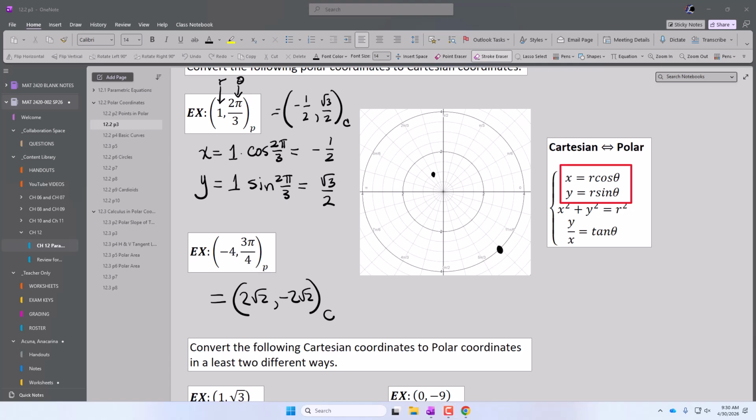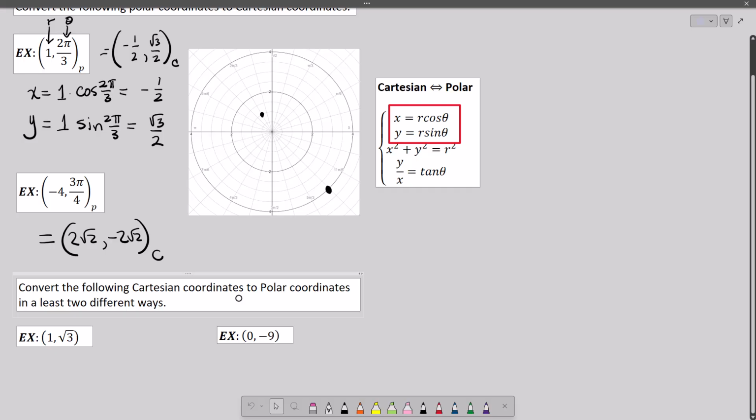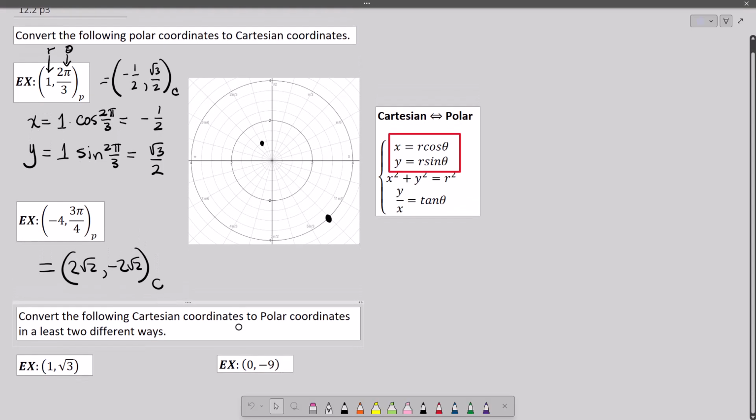So the last thing we did was talk about converting, and I want to at least revisit this one here because we did it kind of fast. So when we're converting between polar and rectangular, we use these four equations that are over here to the side.